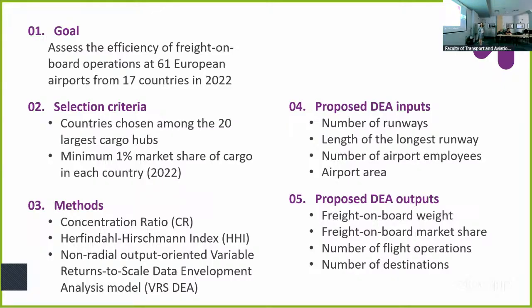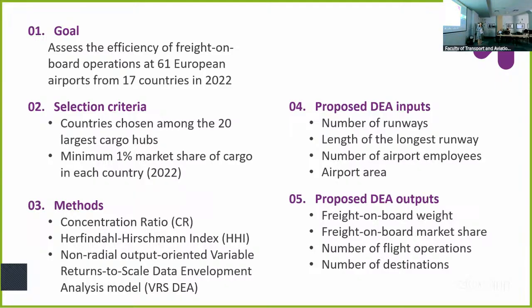So SBMUs, yes, to assess efficiency of freight on board operations, taking into consideration cargo on board. Yes, so not road feeder services, but cargo on board, so belly and dedicated on board cargo.